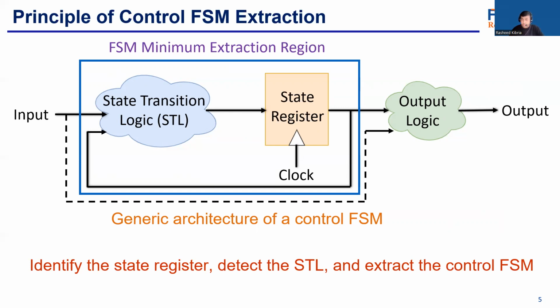This state transition logic and state register form the FSM minimum extraction region. This region is very important to extract the state transition graph perfectly. And the output of the state register also drives some output logic, which provides us the control output signals from this FSM.